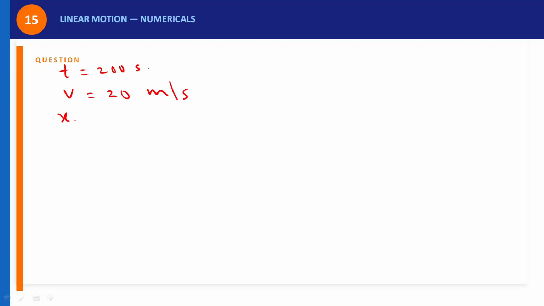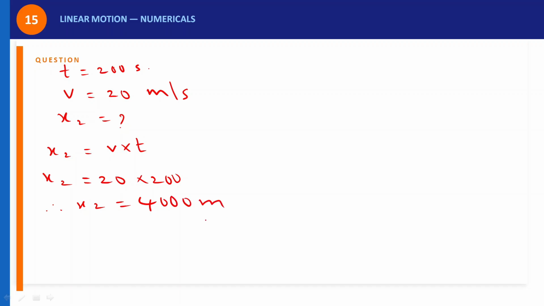Let's find the x2 value here. x2 equal to v into t. x2 equal to 20 into 200. Therefore, x2 equal to 4000 meters.